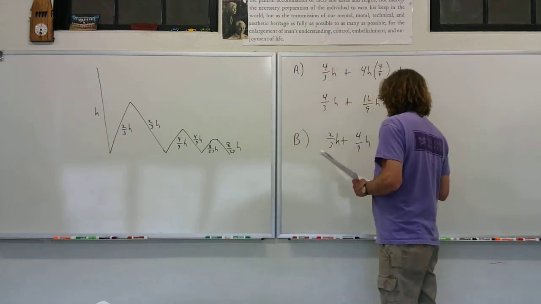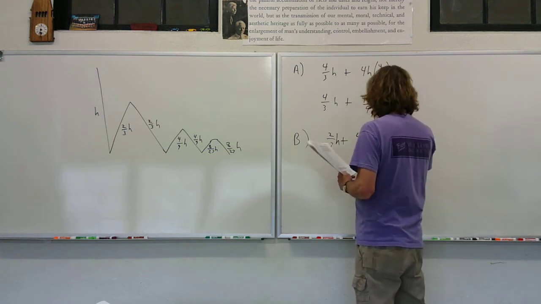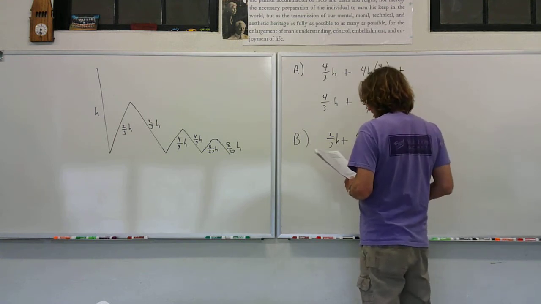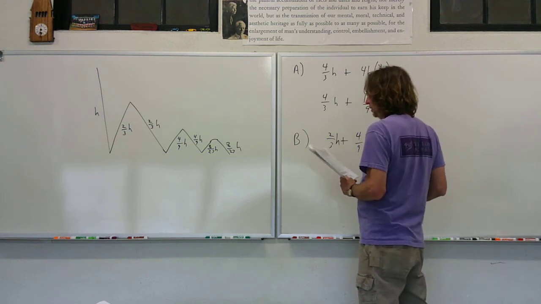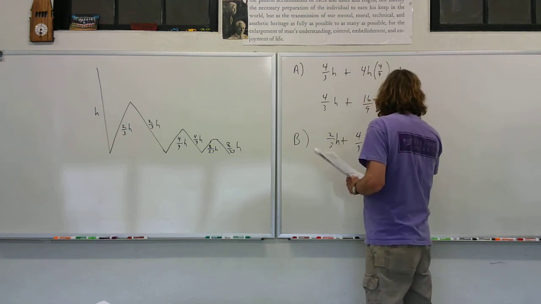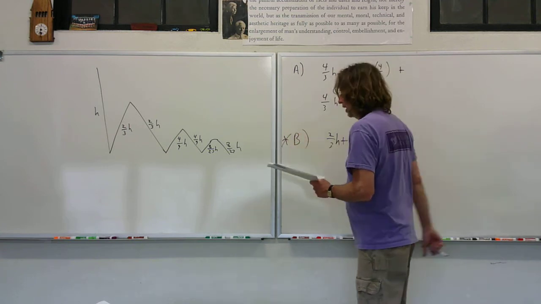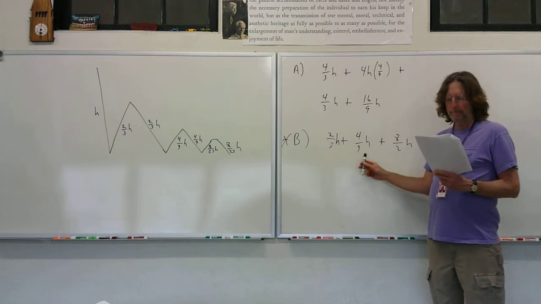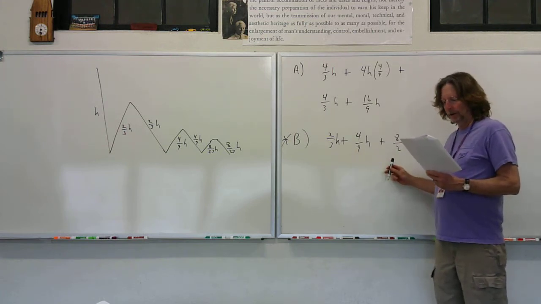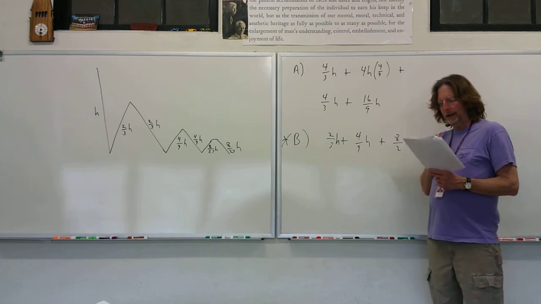There's my 4/9 h. Put a 3 in there, and I get 8/27 h. Boy, that B's looking really good, but what's the problem? That's just it going up.